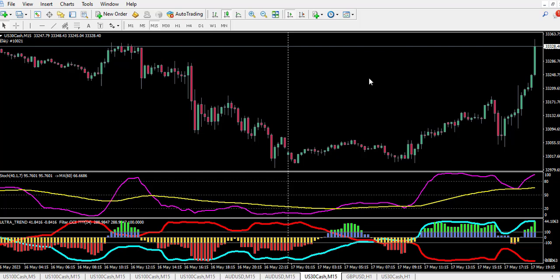Now let's move on to today's strategy. I have combined a few indicators together for this forex trading strategy for MetaTrader 4. You do not need to use all the tools in isolation. Make sure you analyze them together to give you an accurate result.